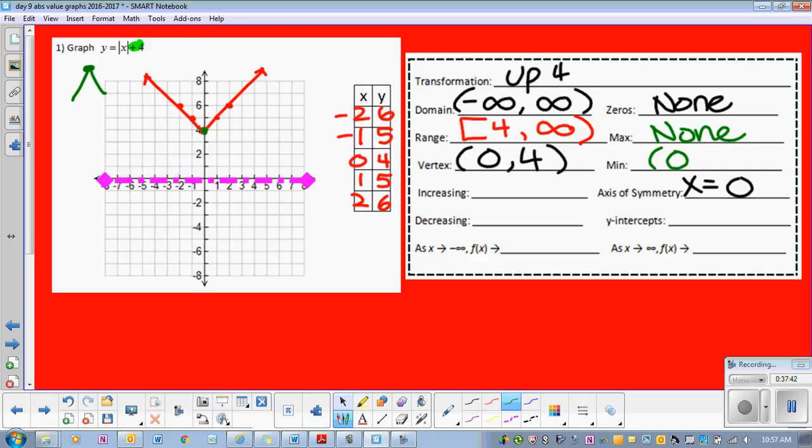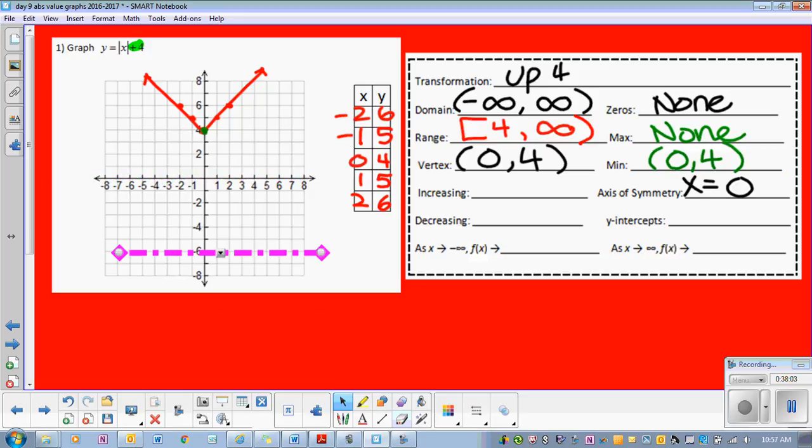Minimum is at what point? 0, 4, right? Remember, you gotta give me the actual point. Now let's go knock out another easy one. How about y-intercept? Where does this graph cross through or touch the y-axis? Right there at 0, 4, right? Good.